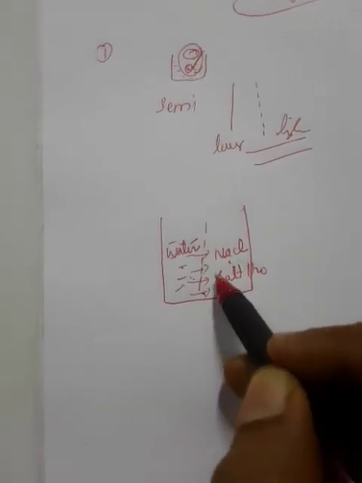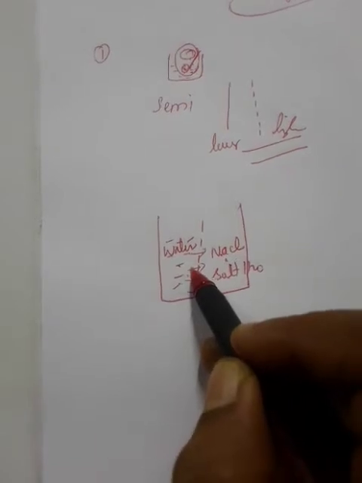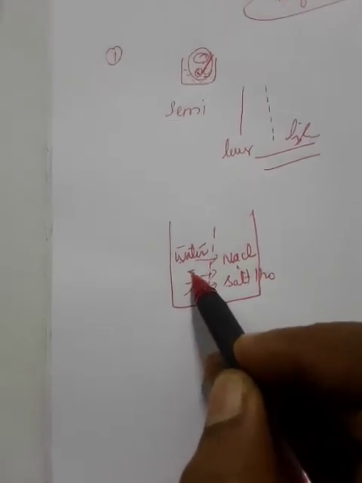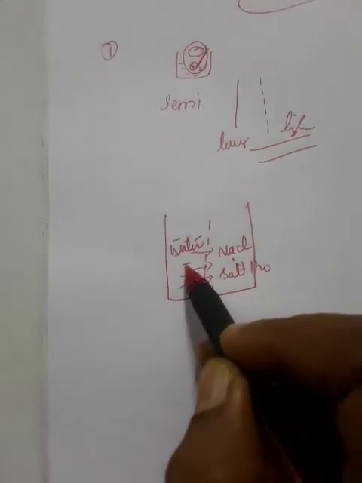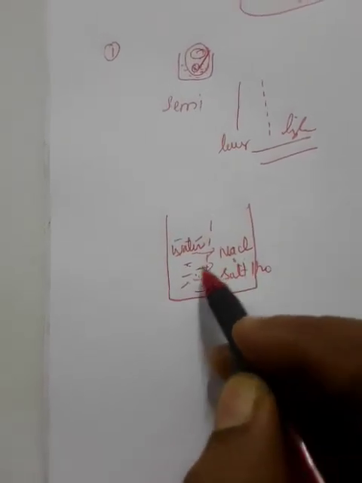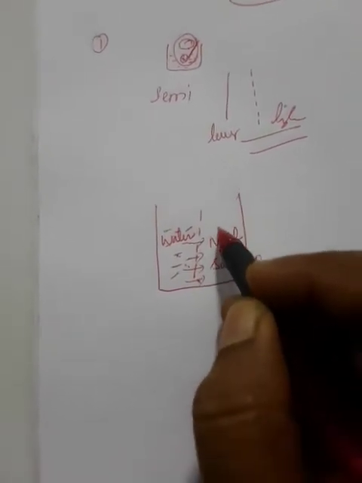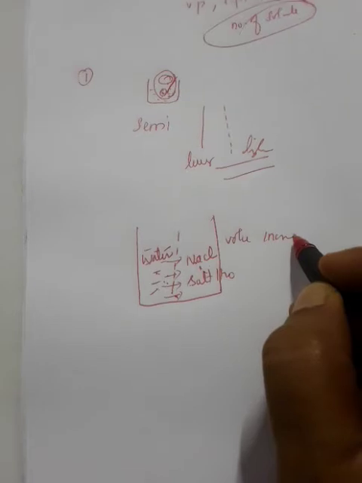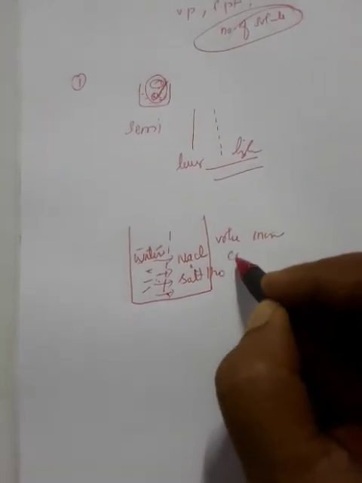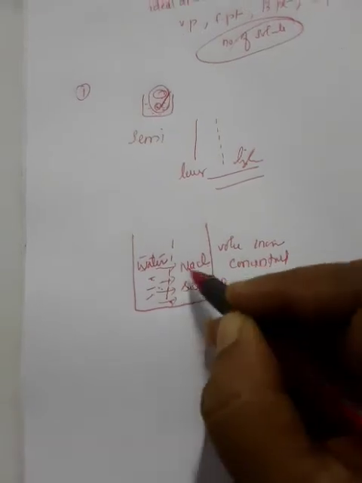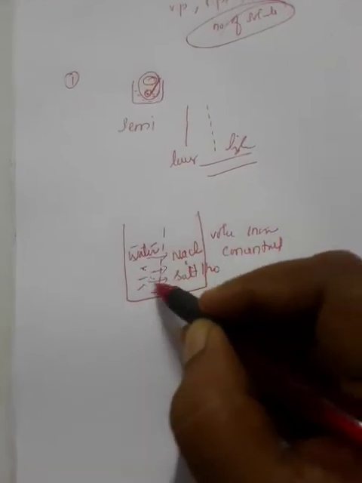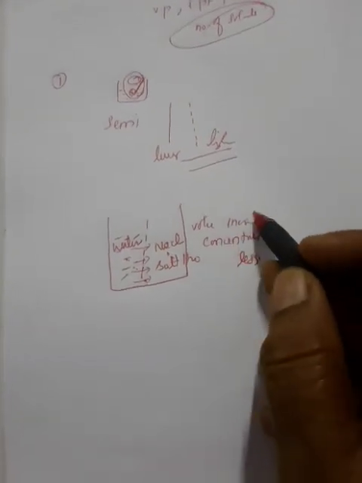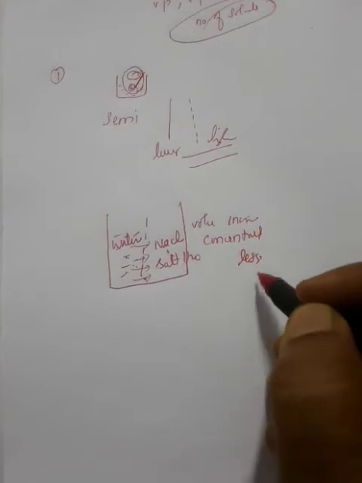The membrane allows only the water molecules to move from here to here, but not the NaCl. So, when the water flows from here to here, the volume increases, but the concentration decreases. If more water is moving inside, the concentration becomes less.